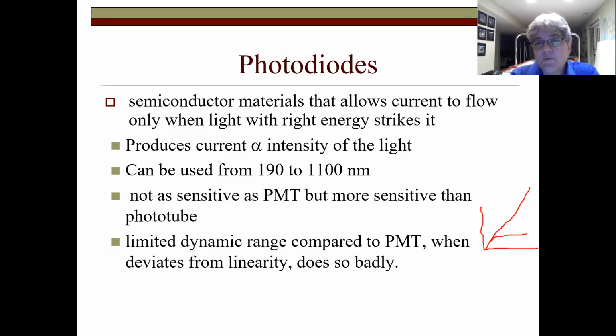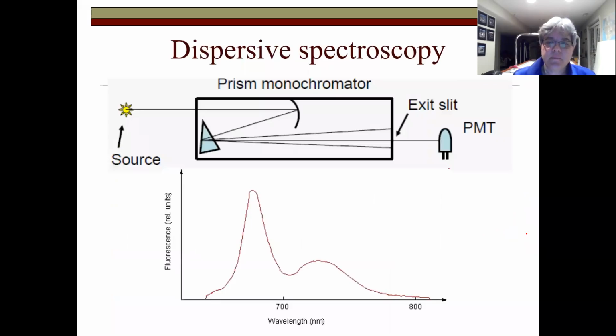Well, this detector has one very important property, and that is we can build it into arrays. Okay, so what does that mean? Well, if you remember when I talked about the spectroscopy experiment in general, in a typical experiment, we select one wavelength, and then the PMT will detect it.